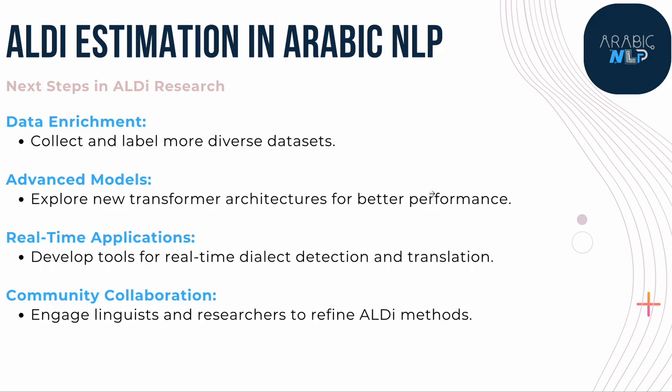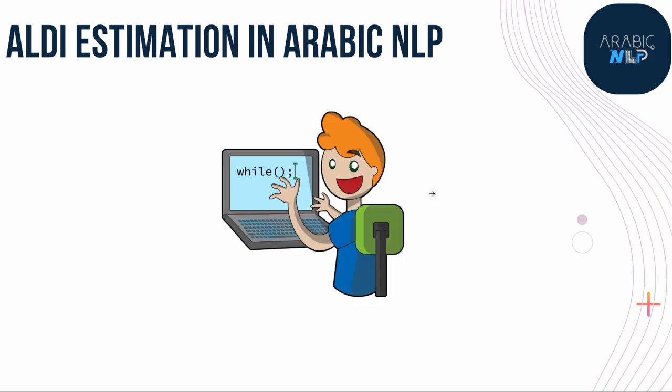So what we are willing to do in this field is to collect and label more diverse data sets, to explore new transformer architectures for better performance, and of course to develop these tools for real-time dialect detection and translation. And maybe community collaboration to engage linguistics researchers to refine these models and methods is very, very important.